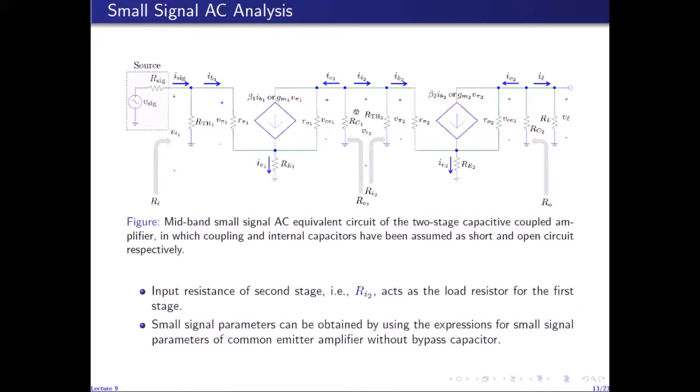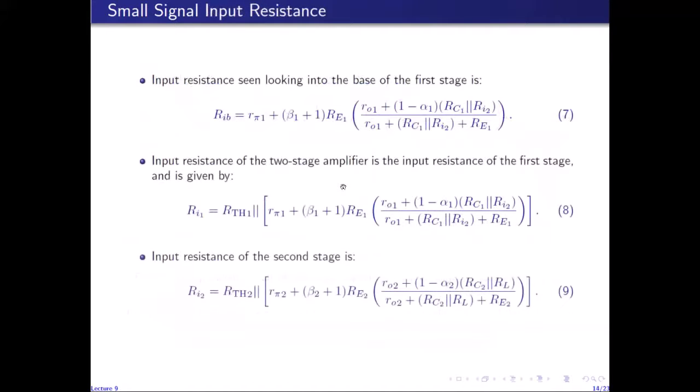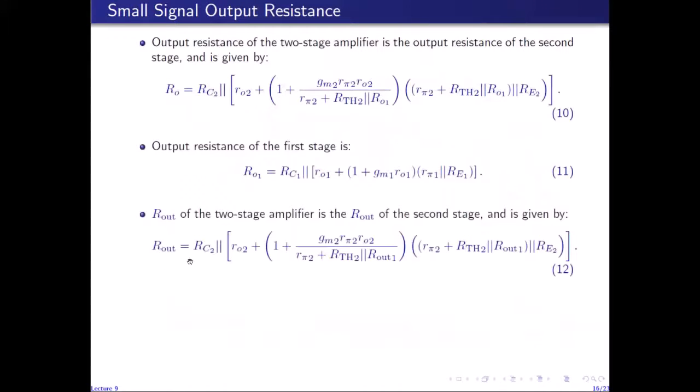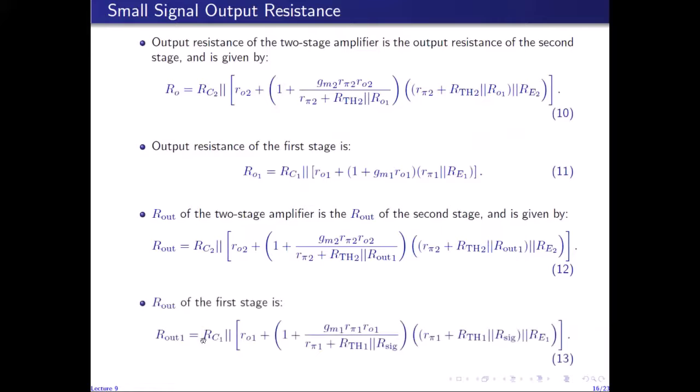Replacing this circuit with R out 1, I can directly use the expression we derived to find the R out of the overall multi-stage amplifier. So I have simply replaced in that expression R sig with R out 1, where R out 1 is given by the same expression as before.